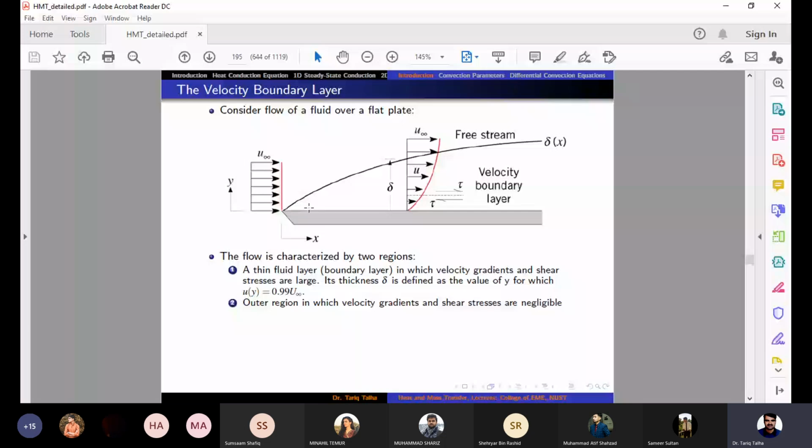But if you keep on dragging that molecule, then the molecular velocity would decrease as it moves along x. Do you understand that?